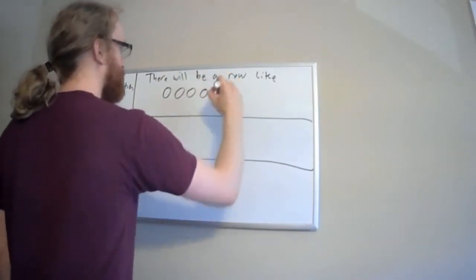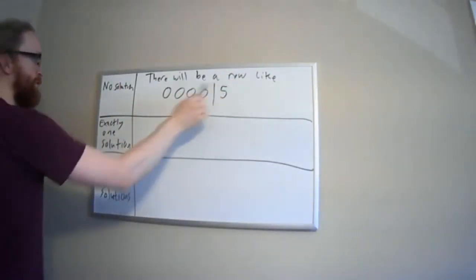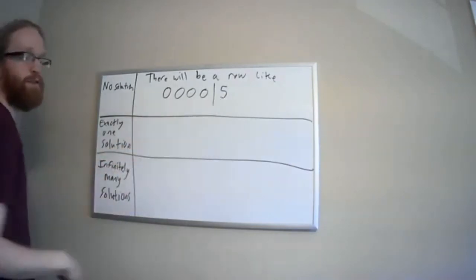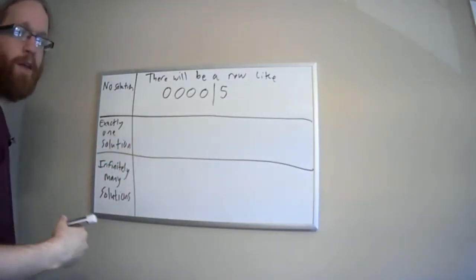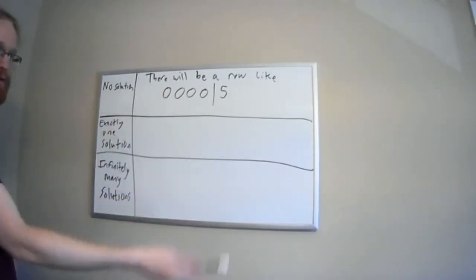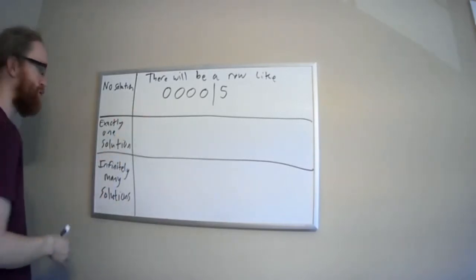So I don't know, 5 or something. The point is that for no solution, you'll get a row where everything is 0 to the left of the bar, and then there's something that's not 0 to the right of it. That tells you right away that there's no solutions, as long as you did all your work correctly, of course. So that's your sign that there's no solution.